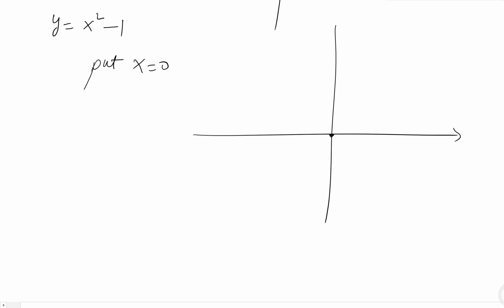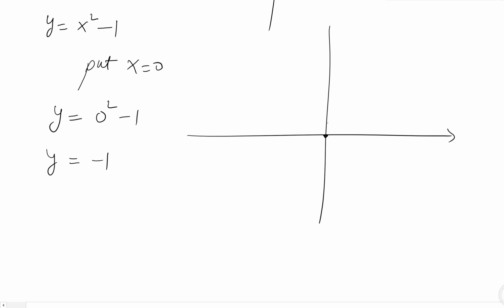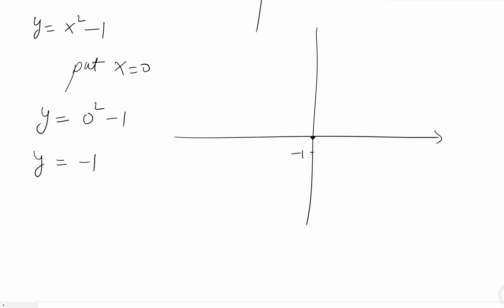If I substitute x as 0 in that equation, my y is going to be 0 squared minus 1, which is minus 1. So the y value is minus 1 when x is 0, right? So my parabola is going to pass through this point. When x is 0, the y value is minus 1. So we call it the y-intercept.